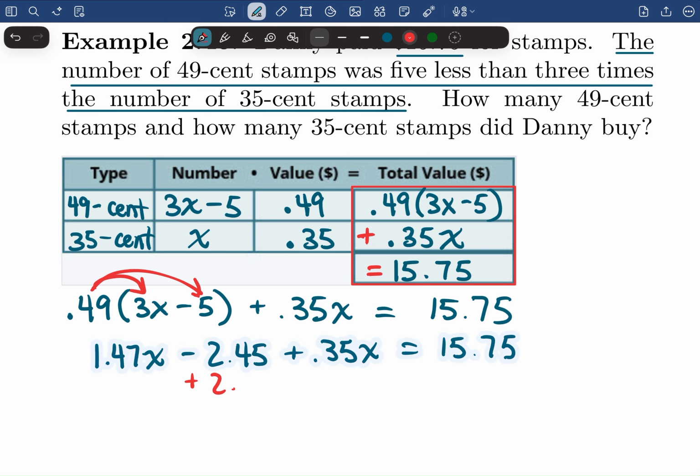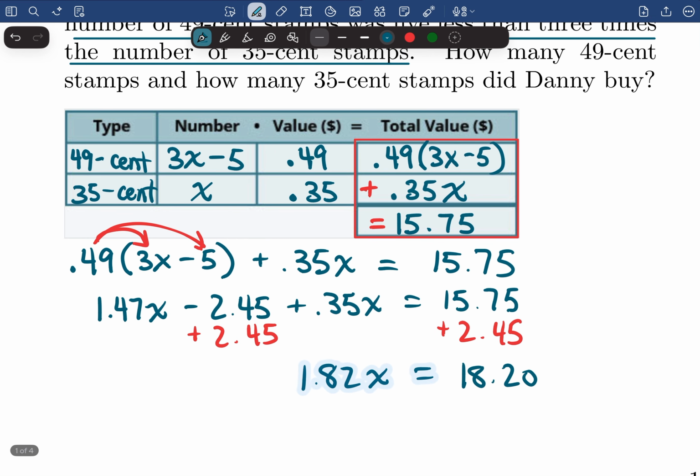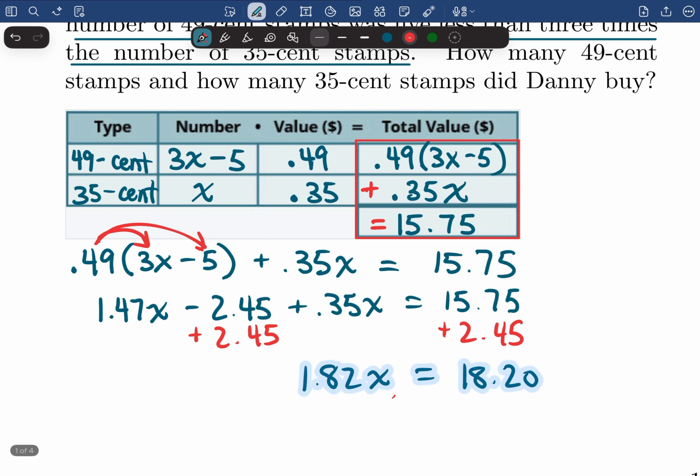So I'm going to add this 2.45 from left to right. Combining 1.47x with 0.35x gives me 1.82x. 15.75 plus 2.45 is 18.20. And to finish solving for x, we're going to divide by 1.82 from left to right.